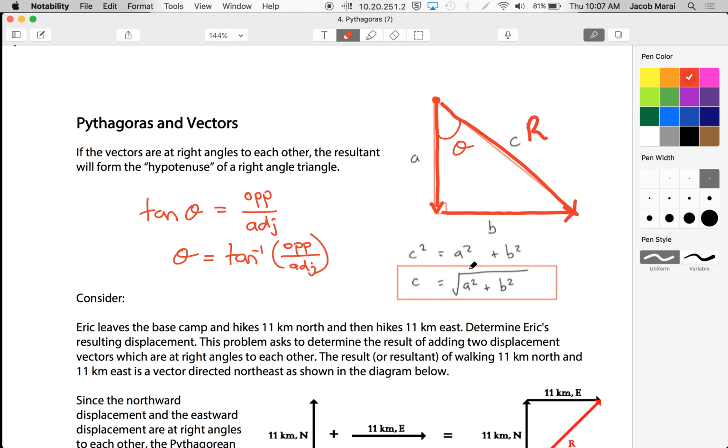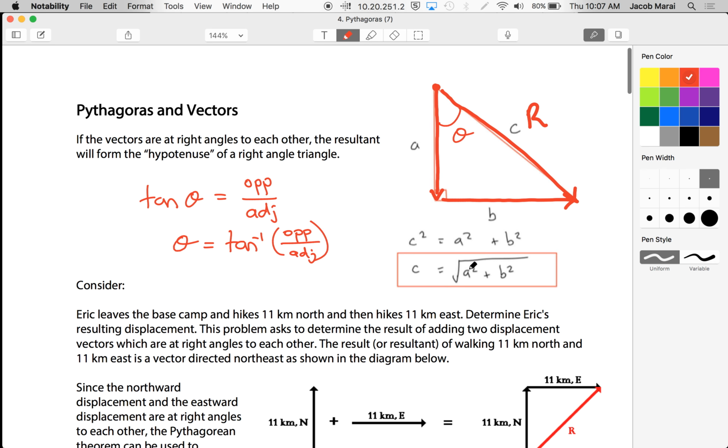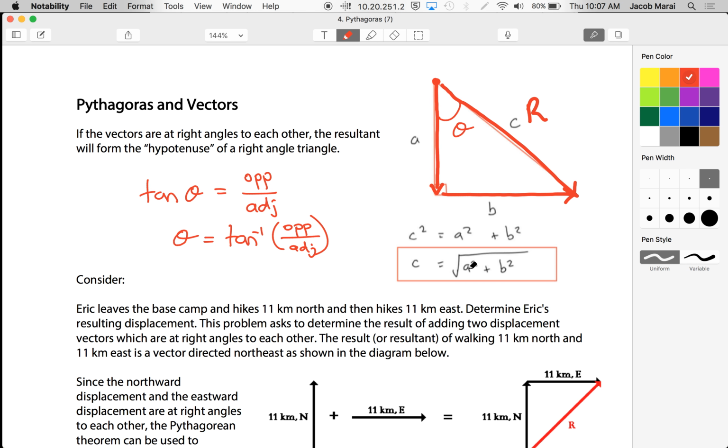All right? So we use Pythagoras to figure out the magnitude, and we use arctan to figure out the angle. And that's how, once we've got the angle, boom, we can figure out what the bearing is for that final vector.